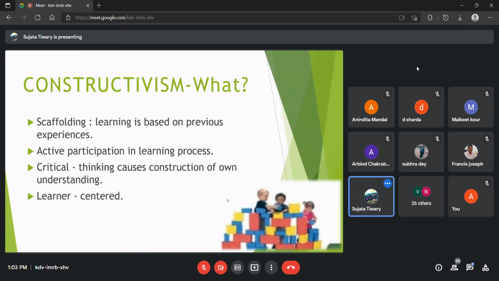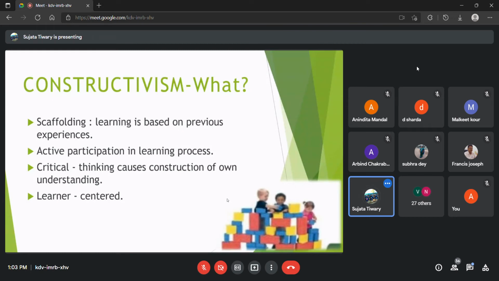What does constructivism consist of? It's scaffolding, that is giving all the necessary support needed by the student, that is primary support or basic help to the student. It helps the learner to learn based on previous experiences.